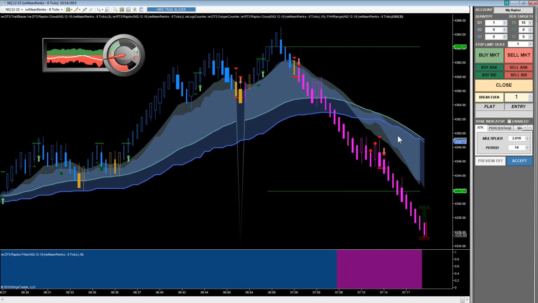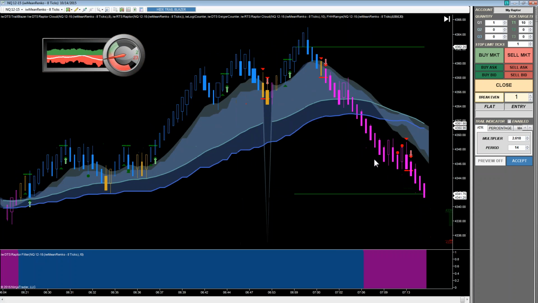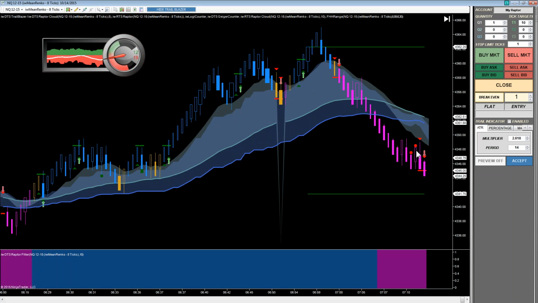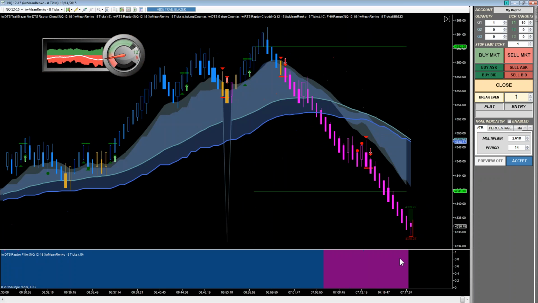Nice cloud crossover here in hindsight. That would have been tough to take though, because we haven't had a test of the extreme yet. We'd be expecting a little bit of a retest here, but even so, that had exceptional follow through to it.